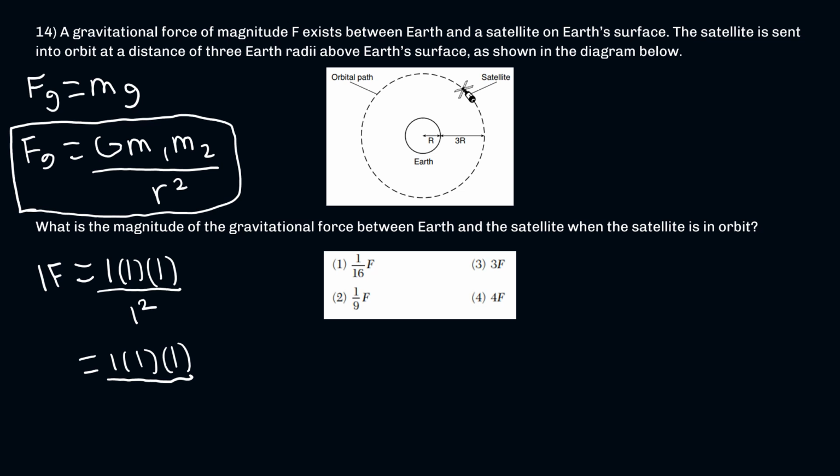I have 1 Earth radius away initially. I then add 3r to it. That means I'm actually going to have 4 times my original distance, not 3 times my original distance. So I'm going to plug in 4 squared. On the top, 1 times 1 times 1 is just 1, and 4 squared is going to be 16.